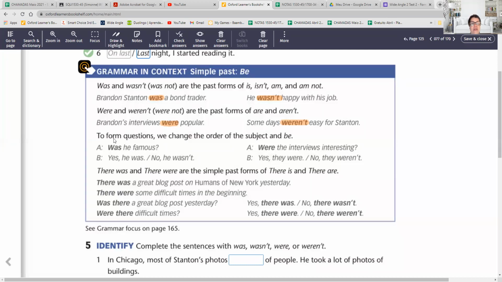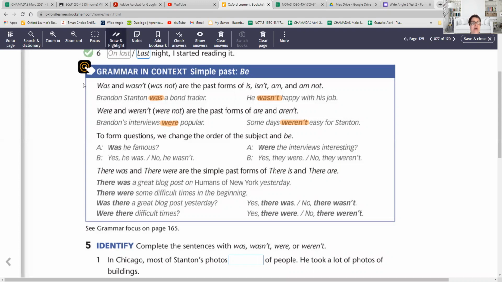To form questions, we change the order of the subject and the verb to be. Example, was he famous? Were the interviews interesting? Okay, so here, the first one, short answer. Yes, he was, or no, he wasn't.